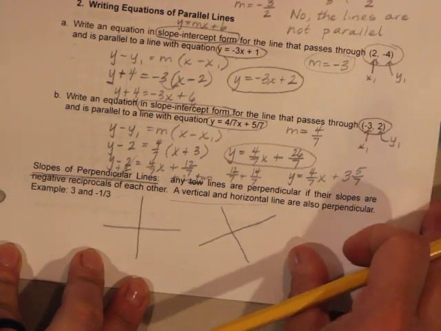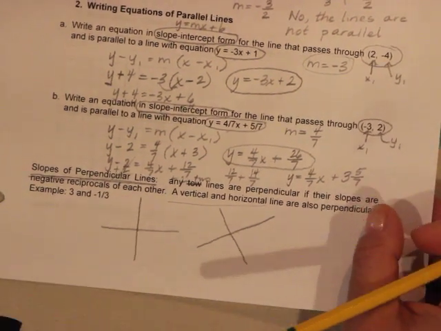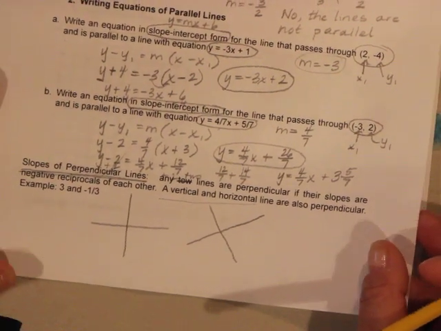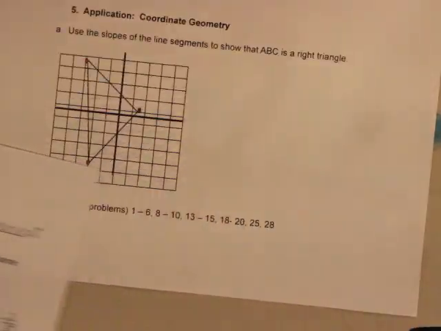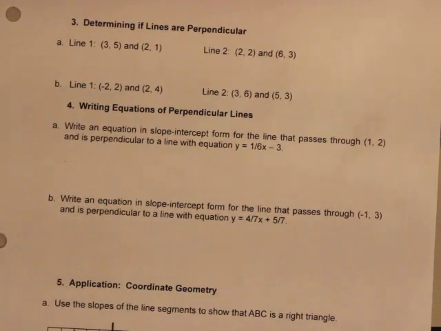So the thing that we want to focus on right now is the slope of perpendicular lines. Remember that the slopes of parallel lines are the same, and so it makes sense if we use our reasoning abilities that the slopes of perpendicular lines are going to be the negative reciprocal. The negative reciprocal, okay?